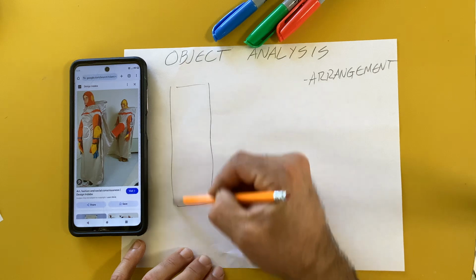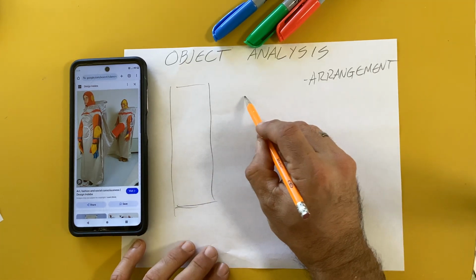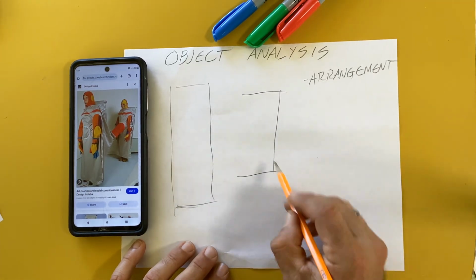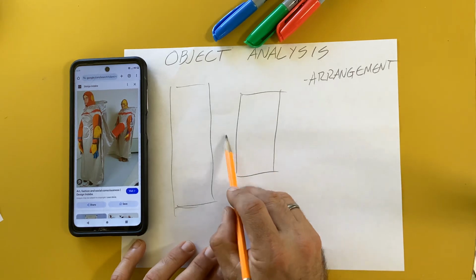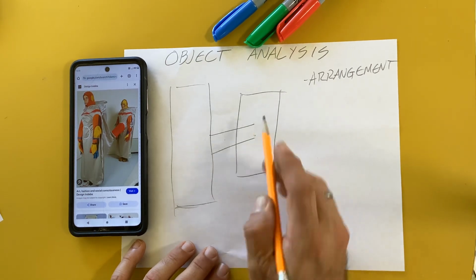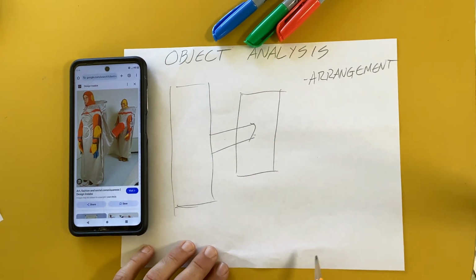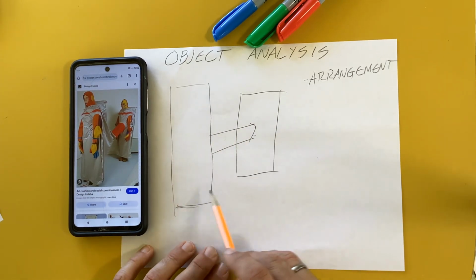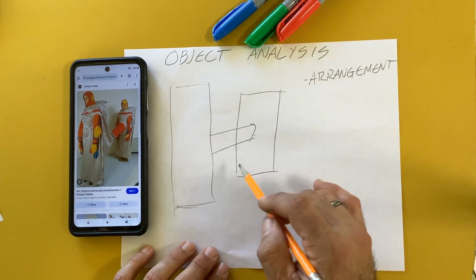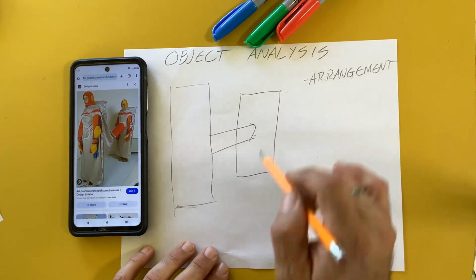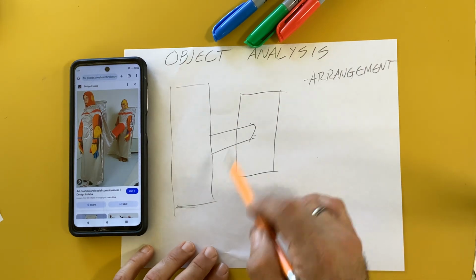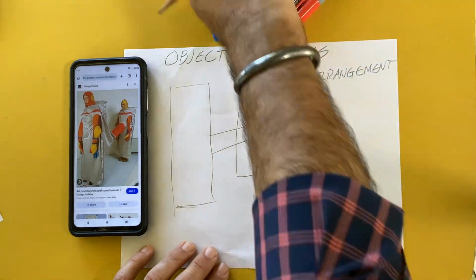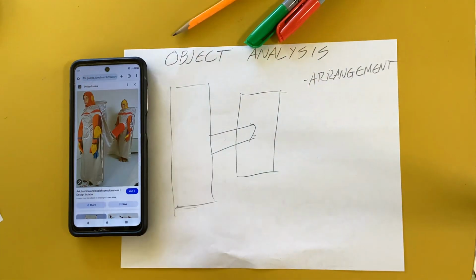I've got a big thingy here, I've got a big thingy here, and then we've got a thingy connecting the two thingies here and here. Now this is important because the location of objects can tell us a lot about what the symbols or metaphors or the things within it mean. So you got to make sure that you know where they're all located. So start off with a real simple diagram arrangement.